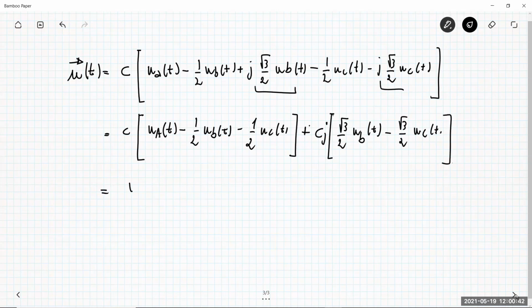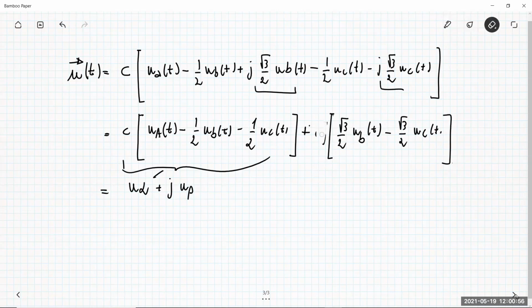So this is exactly the direct plus j quadrature component. So this is u alpha, and then you have this part, which is the u beta.